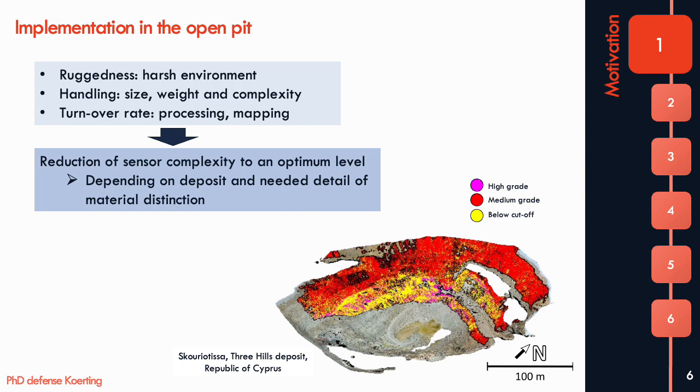Mining also poses the demand of a very high turnover rate, which means we have to speed up the data acquisition, processing, and mapping. For this, I propose the reduction of the sensor complexity to an optimum level. And optimum level here means this has to depend on the deposit, the complexity of the deposit, and the needed detail of material distinction.